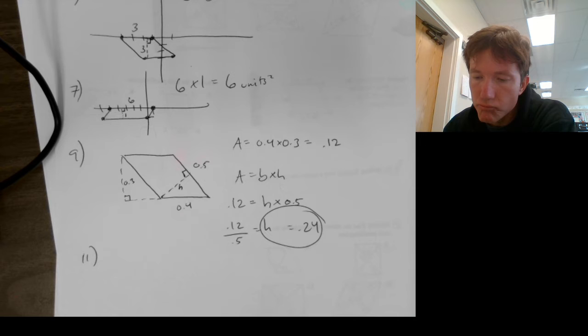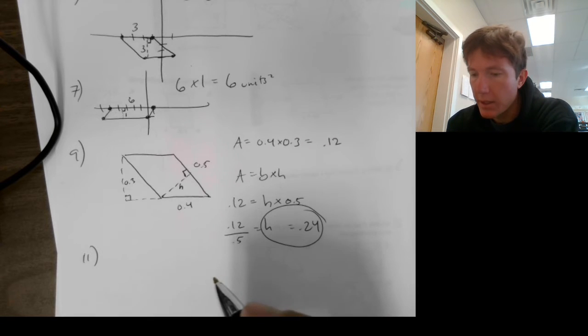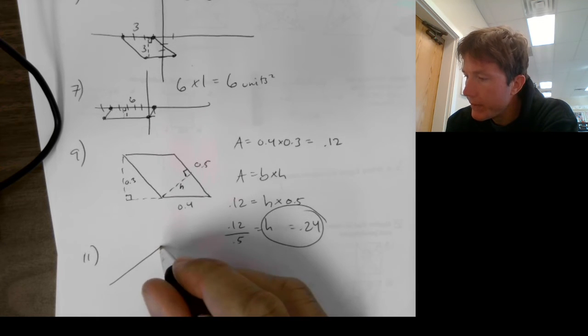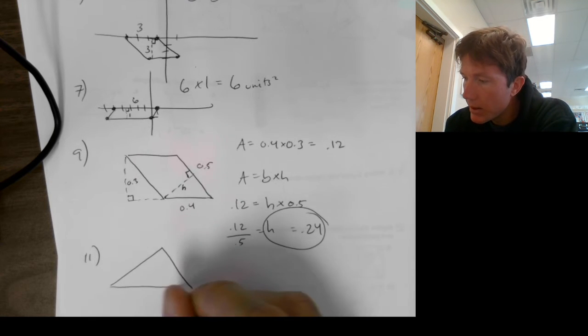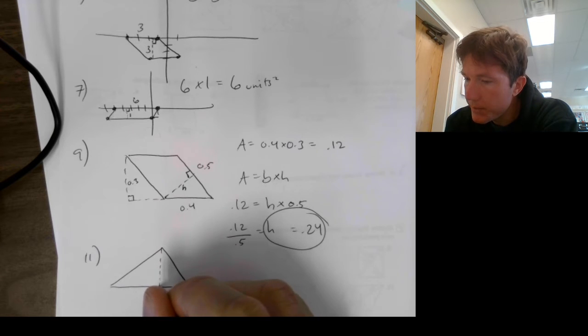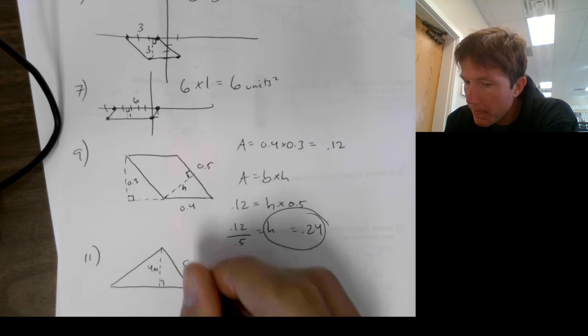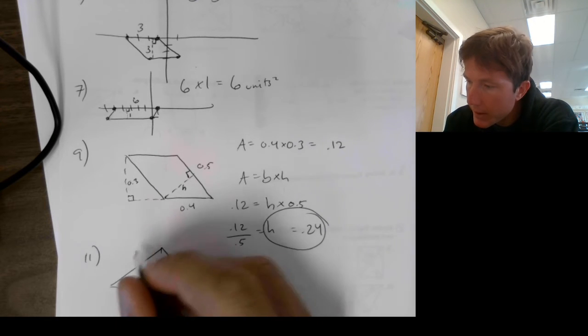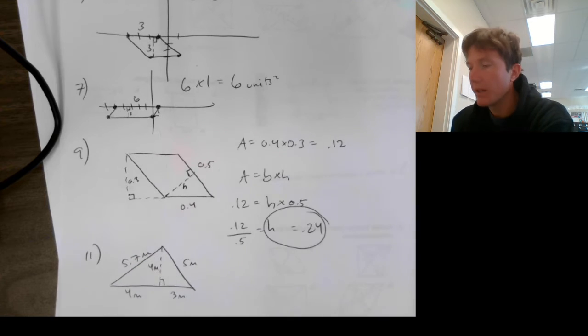So let's see if we can just find the area of the entire triangle and see if that works. See if we have enough info to do that. Okay, so I'm going to draw my triangle.